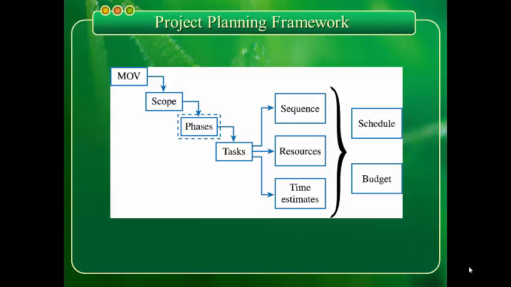These three contribute to what we call schedule and budget. So if we have a good sequence and resources, and we have determined the proper time allotment, we can have a good schedule for the project and an enough budget allocated for that particular project.